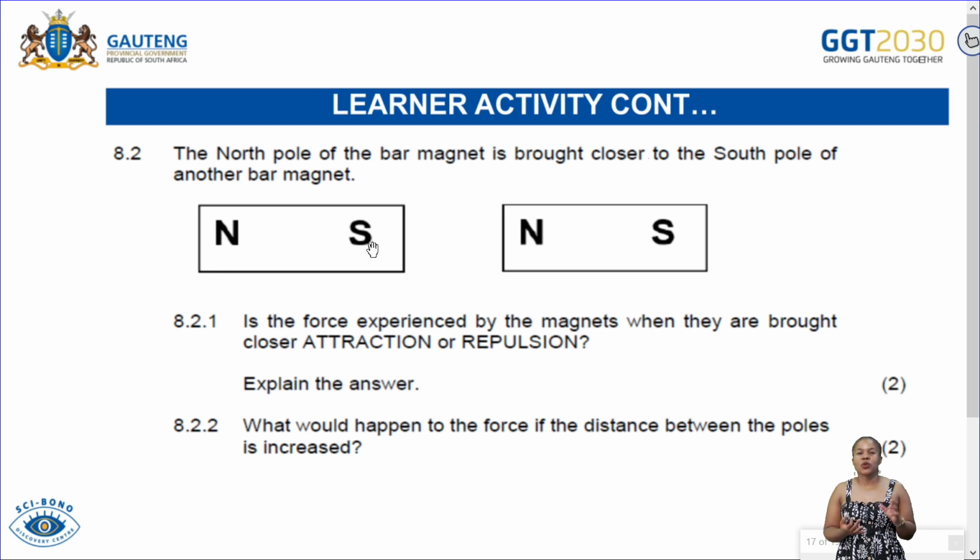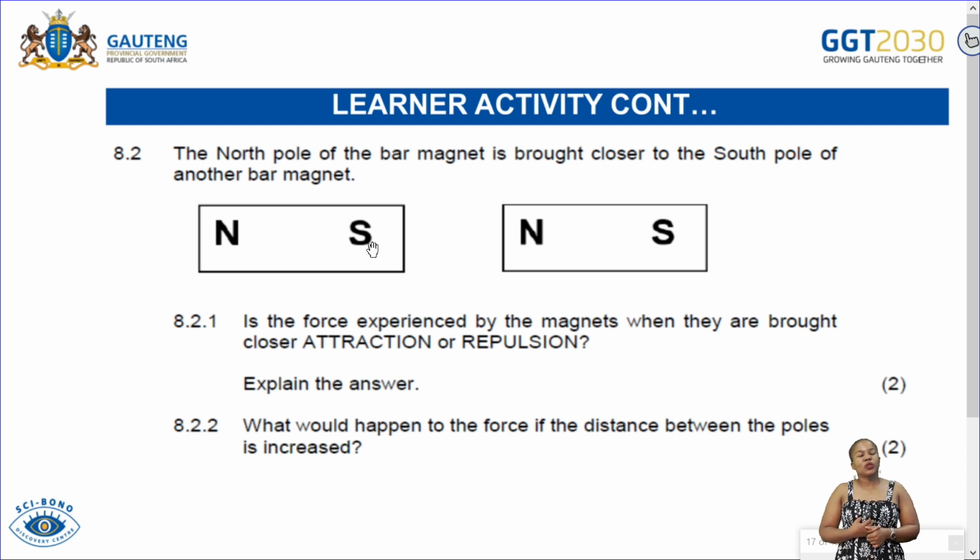But now you are implementing all these properties in drawing them up. It's one bar that is given to you, so you need to move from the north on the outside to the south. You don't necessarily need to draw the magnetic lines inside the magnet. We just focus on the magnetic field lines on the outside.